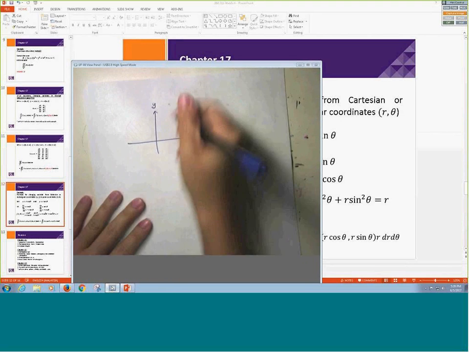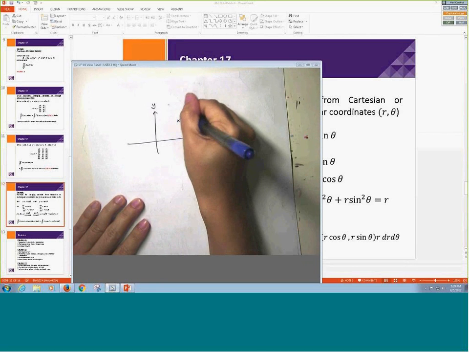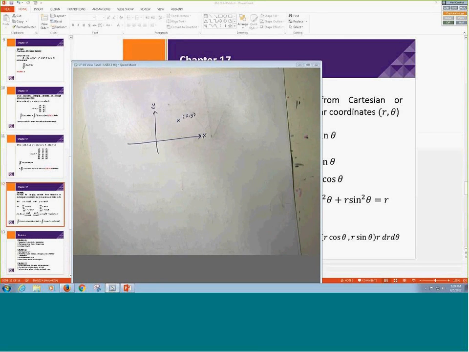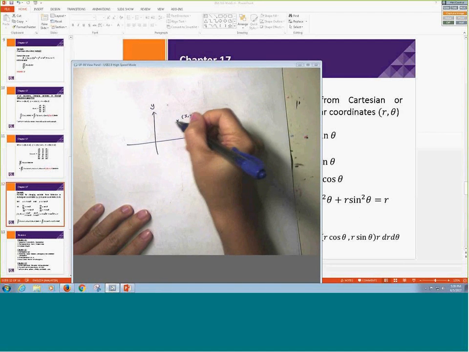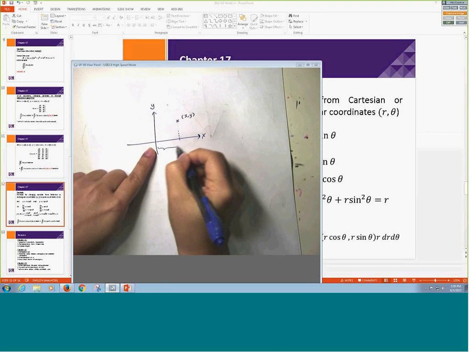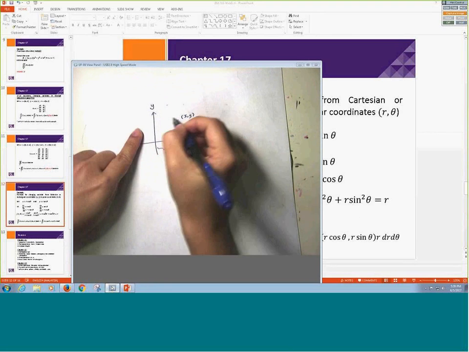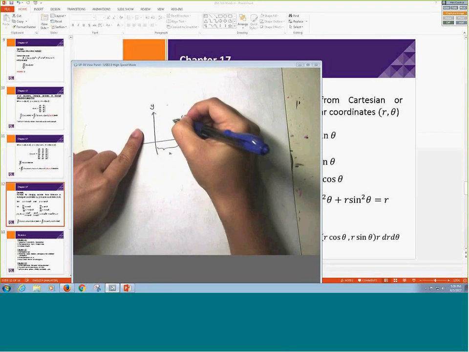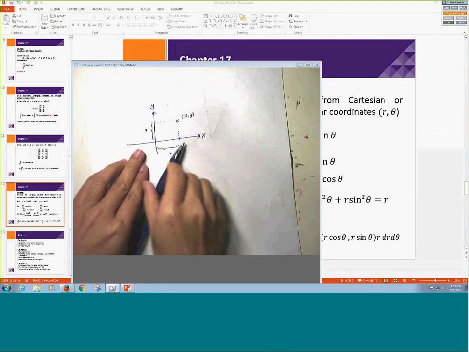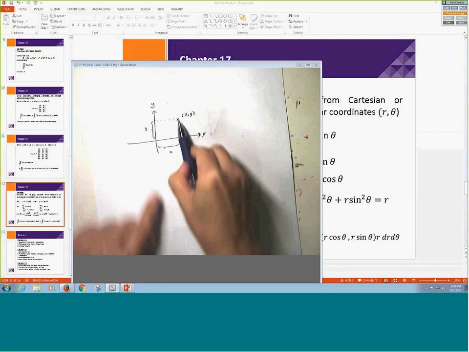If I have a point here, I can represent it using the Cartesian coordinate, where the x here actually represents the distance here, x, and then the height is y. So the x and y go to this point.